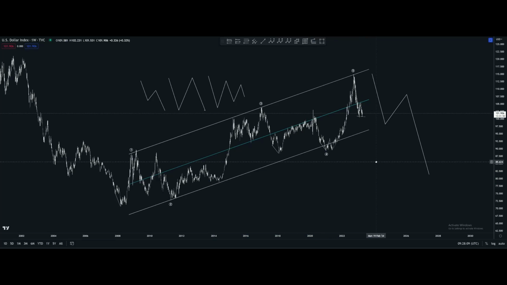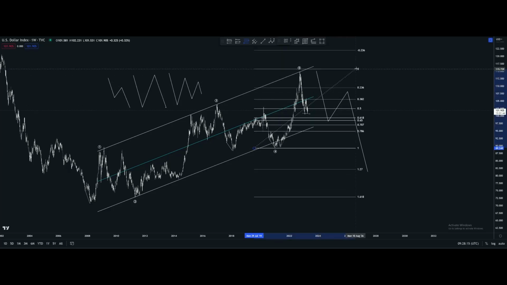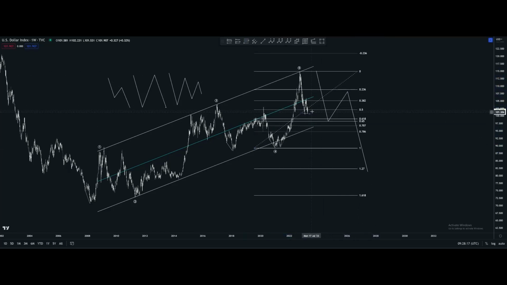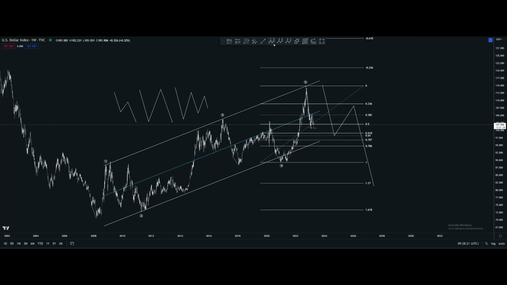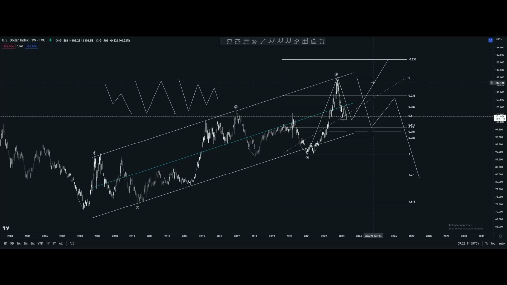Now that the bulls' algo is still active, this is where they're going to defend, 0.5 to 0.618. And their target is going to be here. So we expect some sort of a corrective move. This doesn't have to happen the way I drew it.